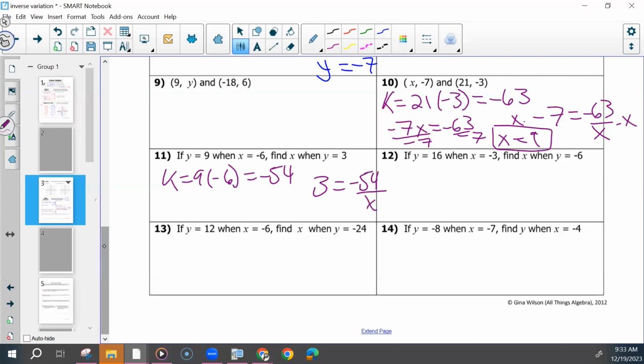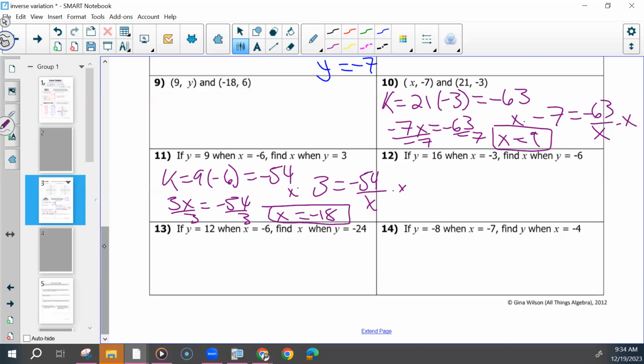Same as number 10, multiply x on both sides. And divide both sides by 3. What is x? And -18 times 3 would give us -54.